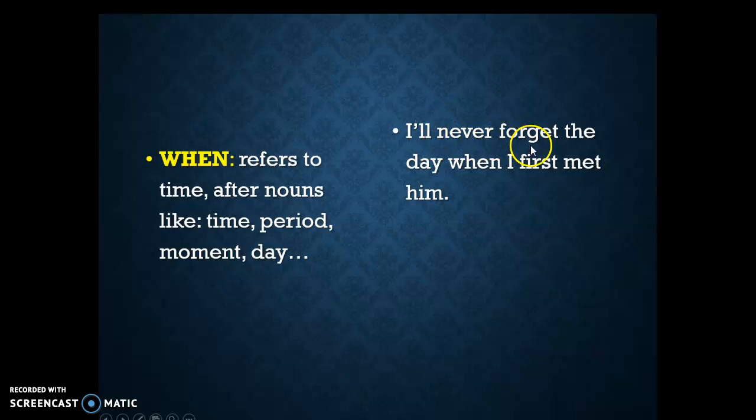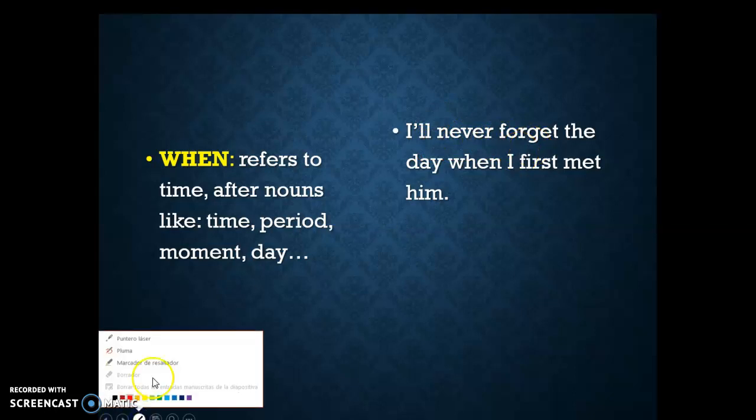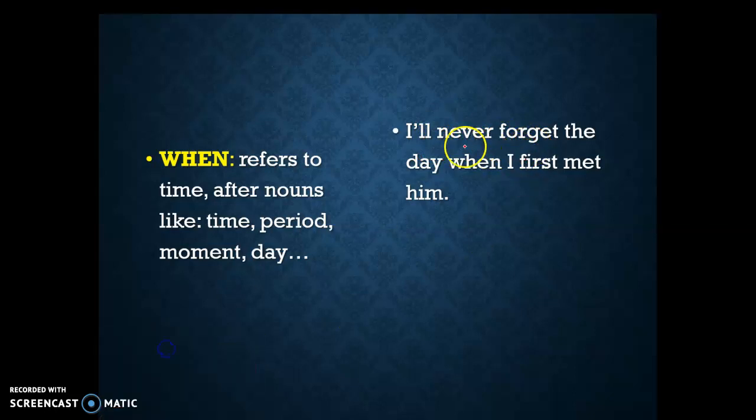I'll never forget is the main clause. And when is joining the main clause with the object clause. I first met him. And when we are talking about time, when we are referring to time.